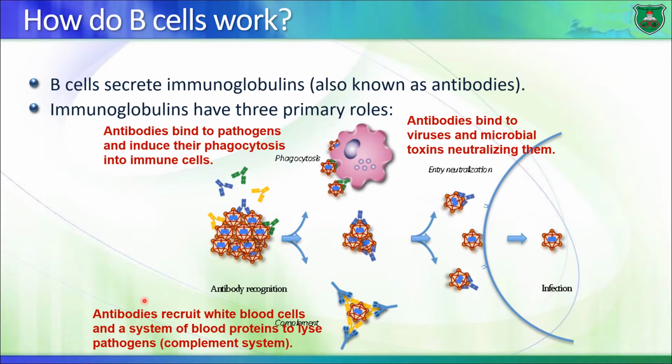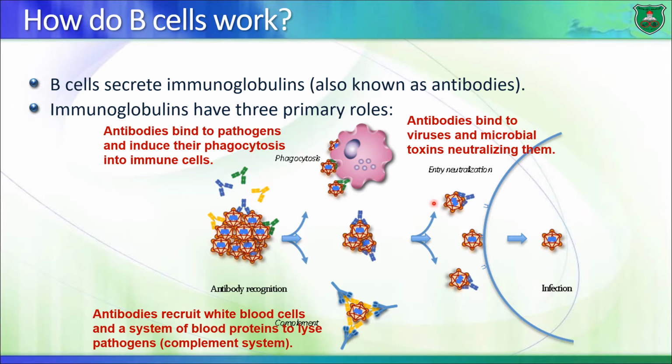Another mechanism is that they activate a system known as the complement system. What this system does is activate immune cells that release certain proteins, and these proteins bind to the cell membrane of bacterial cells and result in lysing or disrupting the plasma membrane, so the cells die.